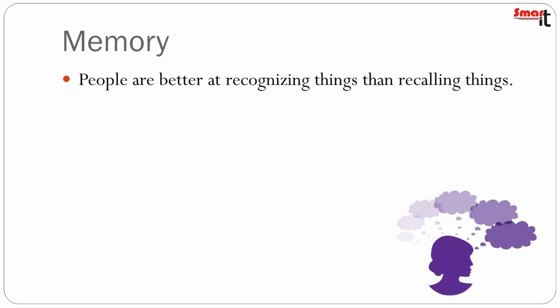But do you know, people are better at recognizing things than recalling things. Recalling means you are just trying to recall something. Maybe in an examination you can't remember, which means you can't recall.